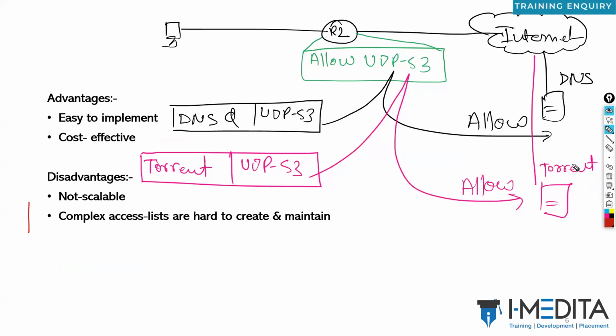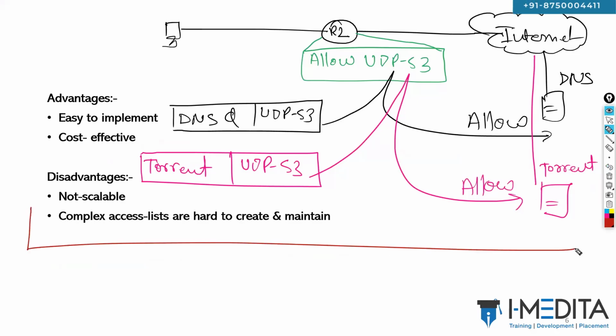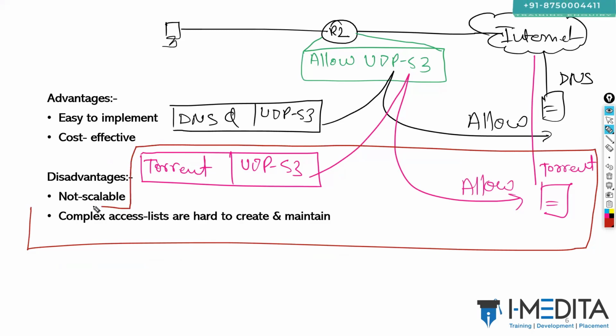So using a complex access list means we can't create an ACL which can block torrent at port number 53. We can't do this.